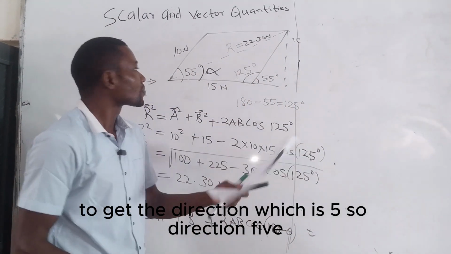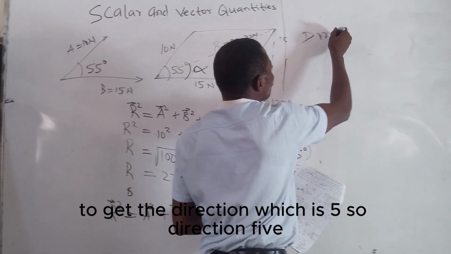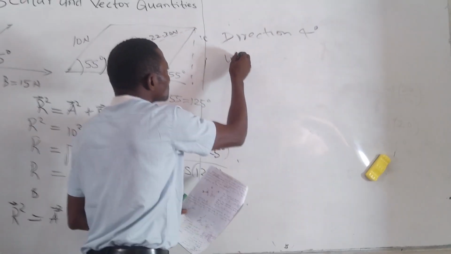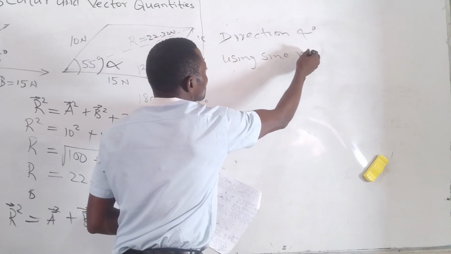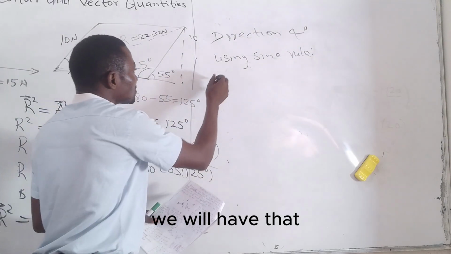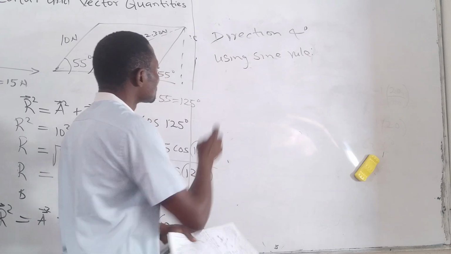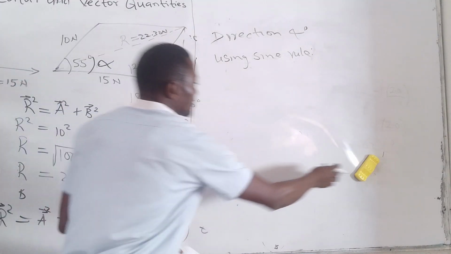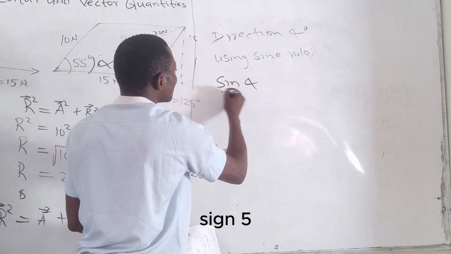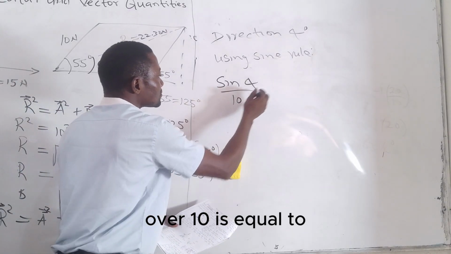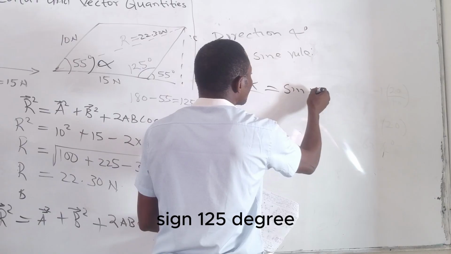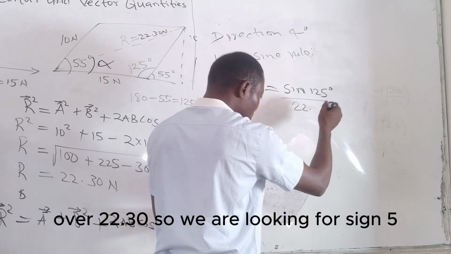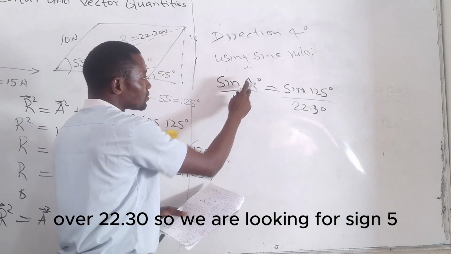To get the direction, which is phi, in degrees, using sine rule, we will have that sine phi over 10 is equal to sine 125 degrees over 22.30. So we are looking for sine phi.